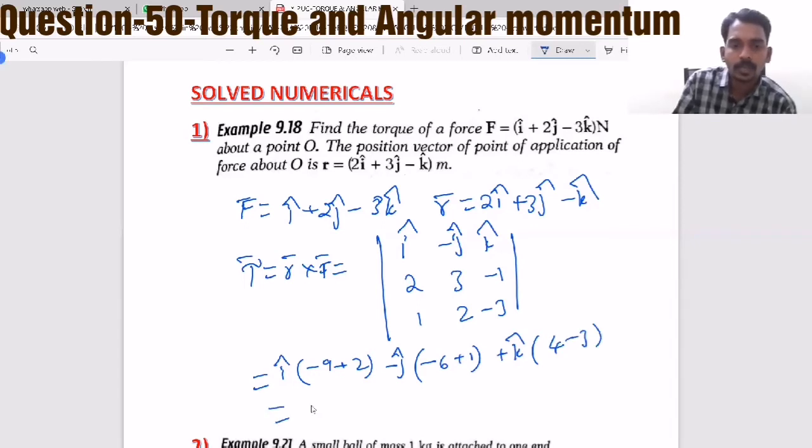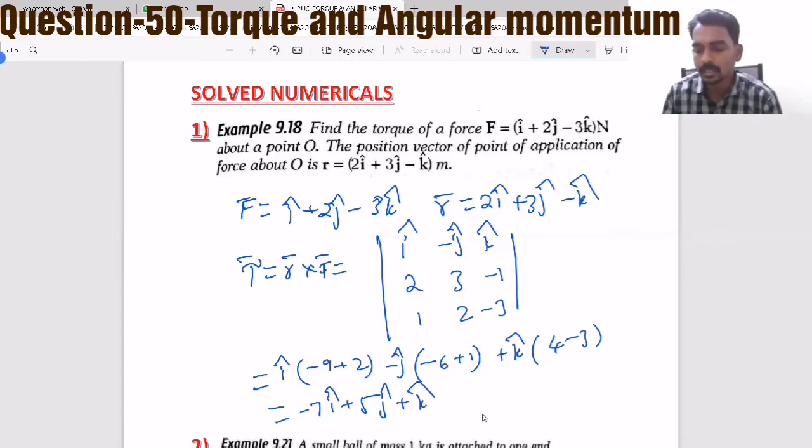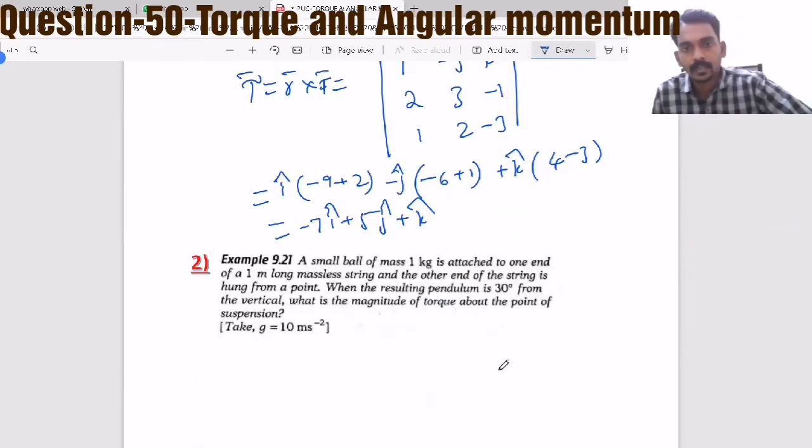So it will become minus 7i cap plus 5j cap plus k cap. So this is the torque. If they ask for the magnitude, then you find the magnitude of the torque vector by taking the square root of i coefficient square plus j coefficient square plus k coefficient square.